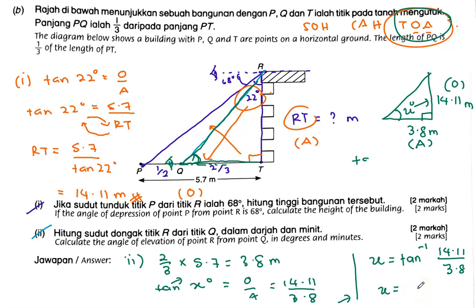And this will lead you to 74.9, but you have to press this button so that you get 74 degrees 55 minutes, because the question says you have to answer in degrees and minutes.